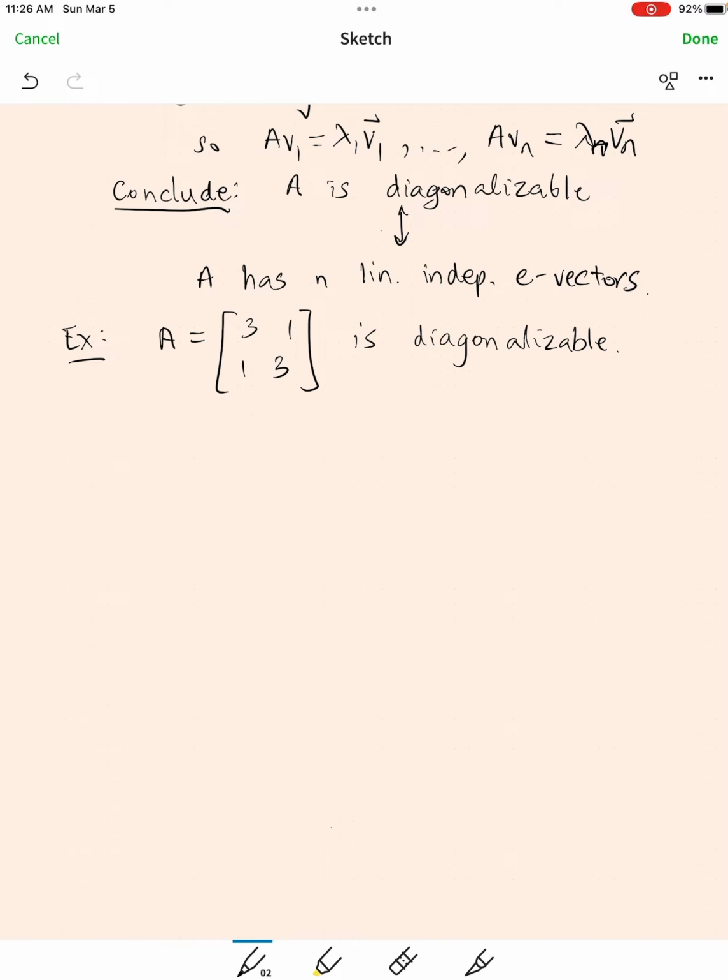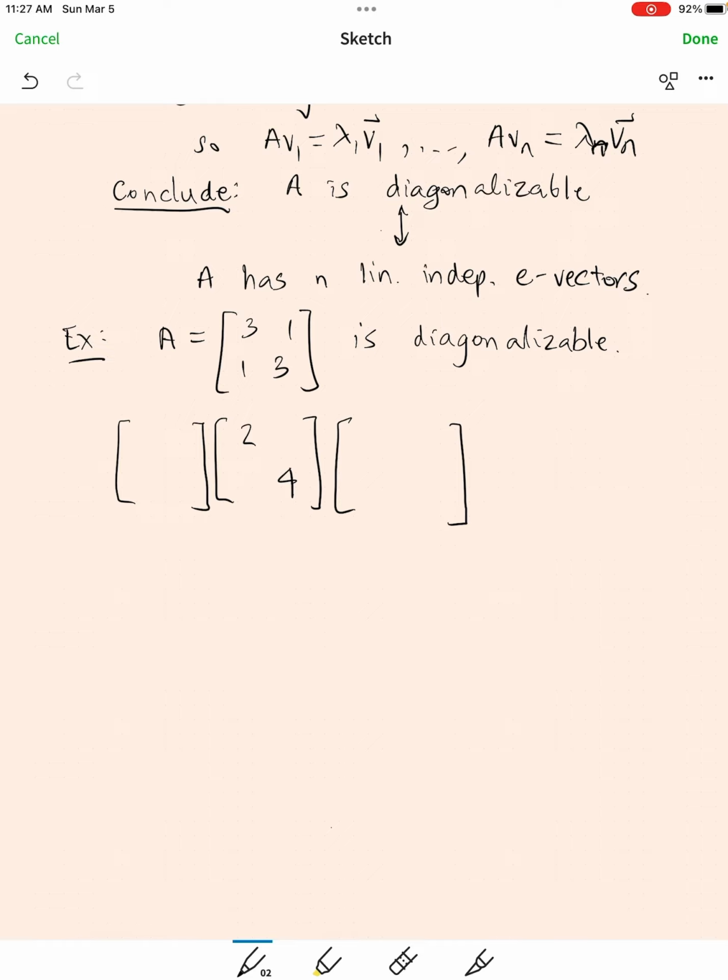And how can we write it in the form P D P inverse? Well, D has to be the eigenvalues, and we found that the eigenvalues are 2 and 4. And the eigenvectors are the V1s and V2s.